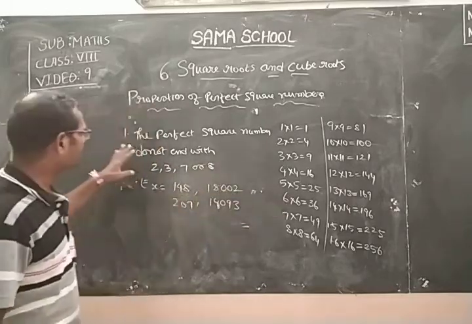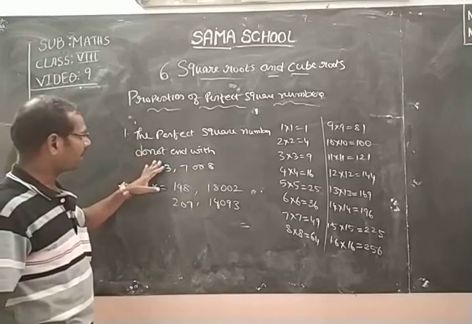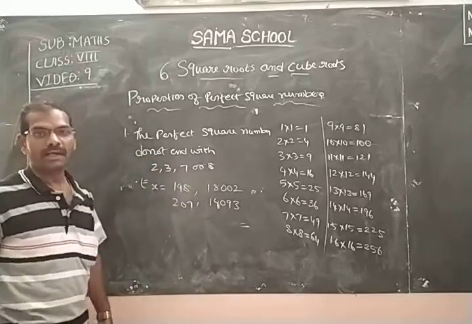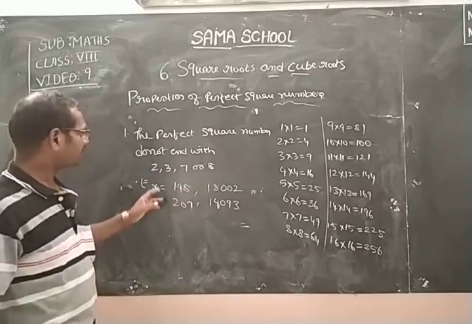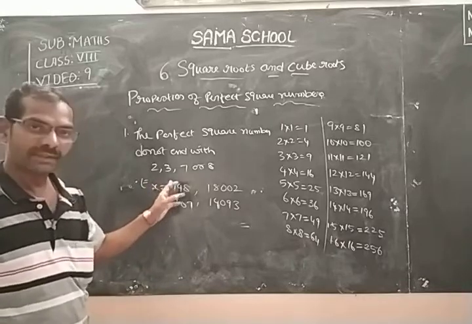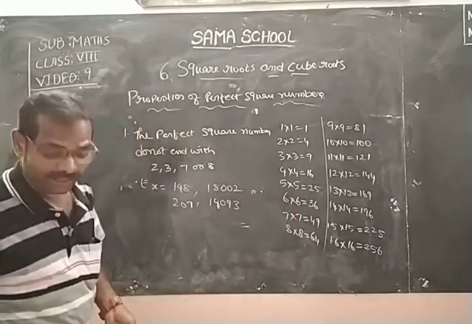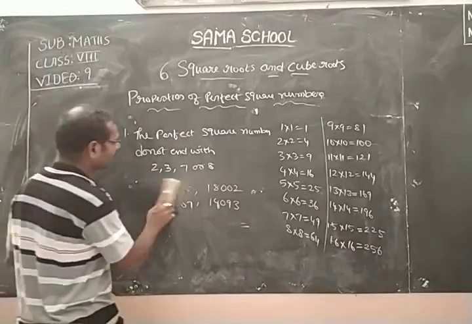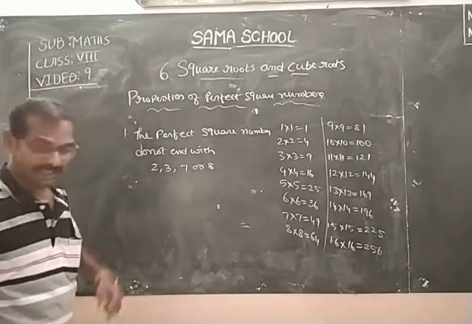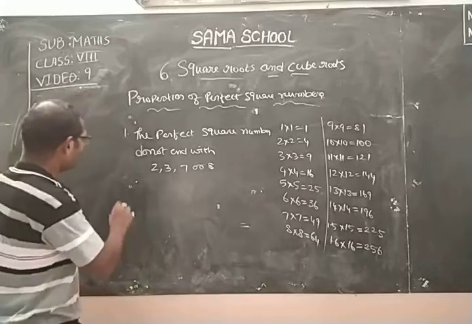So what is the first property? The perfect square numbers do not end with 2, 3, 7, 8. Then what do perfect square numbers end with, other than these numbers?